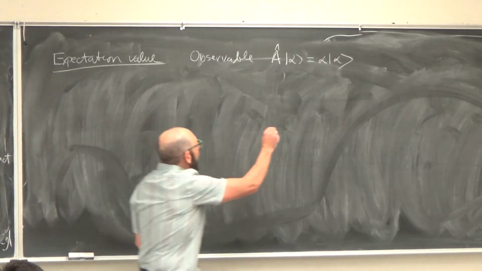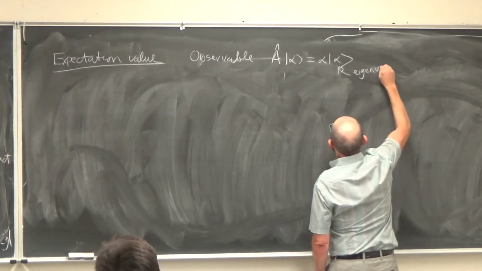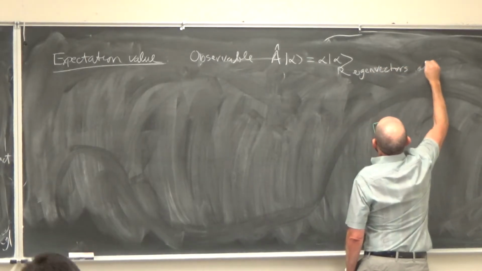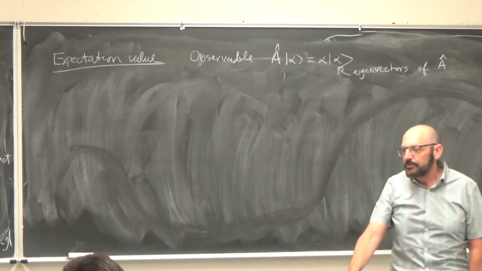These are now the eigenvectors of the observable A, and alpha are its eigenvalues.